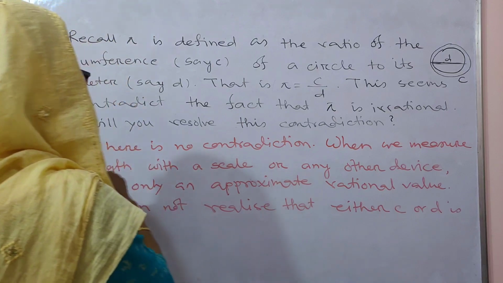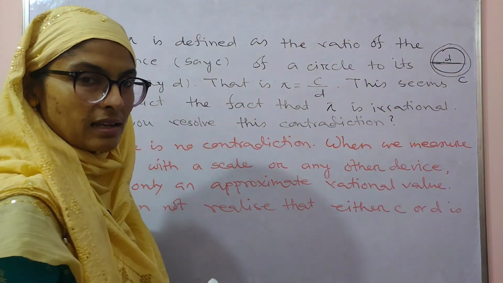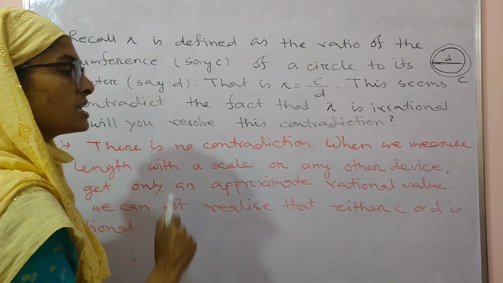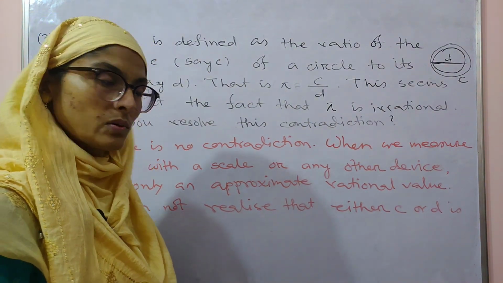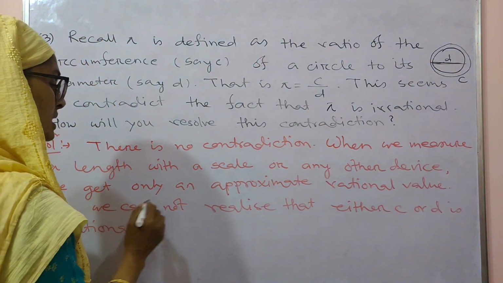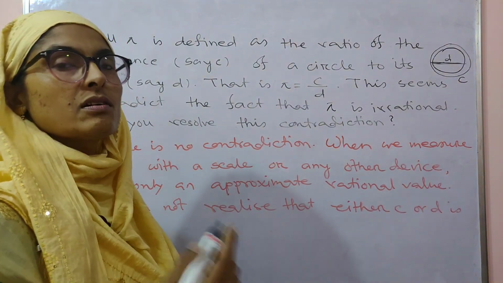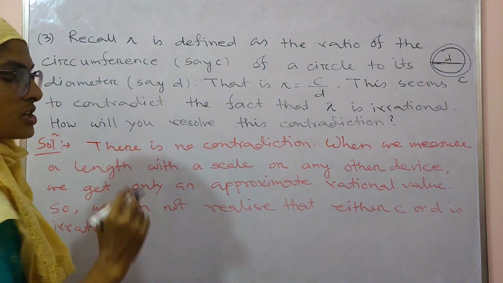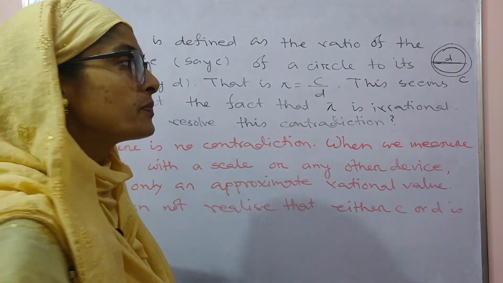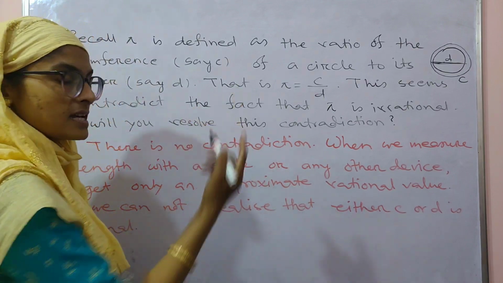When we measure a length with a scale or any other device, we get only an approximate rational value. So we cannot realize that either C or D is an irrational number. So you can do this at home practically, and check this one.